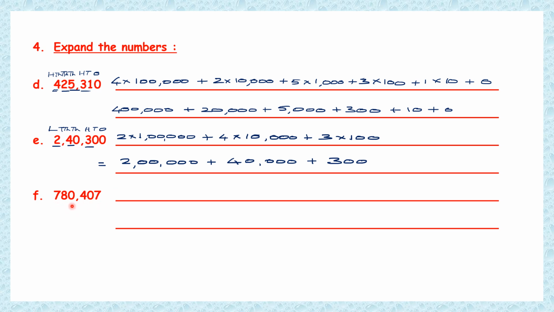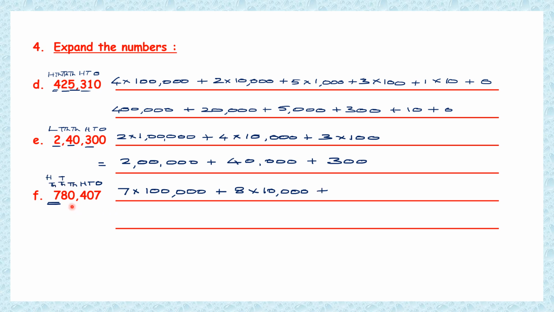Again, 6-digit number, only 2 periods. That means the international system. So, ones, tens, hundreds, 1,000, 10,000, and this is 100,000. So, let's begin with 7. 7 is into 100,000. So, 7 into 100,000 plus the next digit is 8. 8 is the 10,000s place. 10,000 plus.